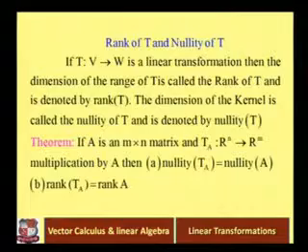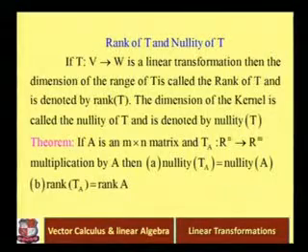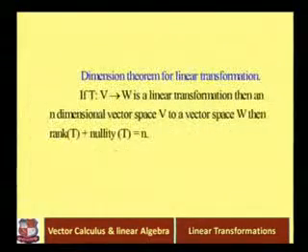The theorem says that if T is from Rn to Rm, then the standard matrix for T is of course an m cross n matrix, so nullity of T is exactly the nullity of that standard matrix, and rank of T is exactly the rank of that standard matrix.